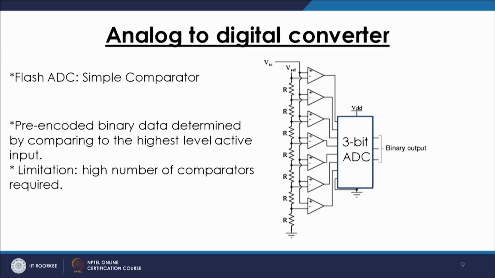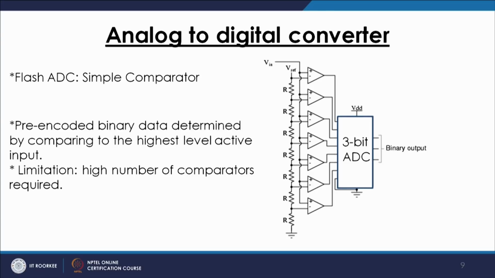So this is a simple example of the analog to digital converter. Again there are much more sophisticated examples than this, but this is how the working of the ADC is done. So basically it is a simple comparator. What is happening in this circuit? Again it is a 3-bit ADC.